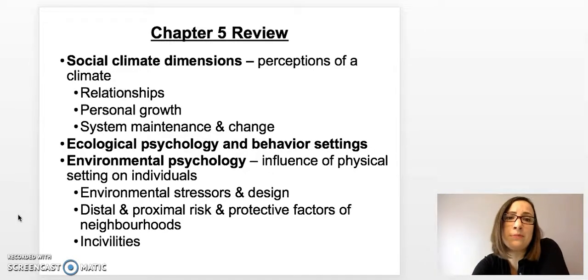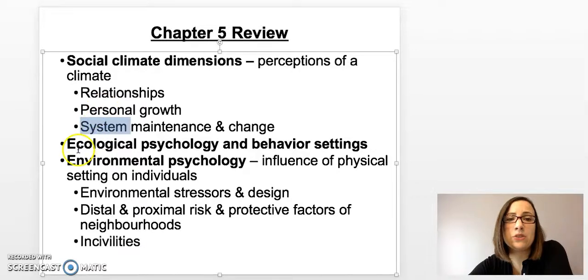So, quick review of Chapter 5. We looked at 3 different models for understanding how an individual person is affected by the climate in which they live, the community in which they live. So we talked about the social climate model and the 3 dimensions: personal growth, relationships, and system maintenance and change.